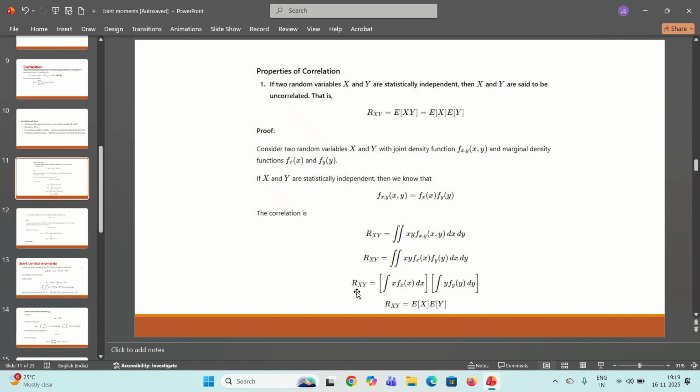Then Rxy equals the integral from minus infinity to infinity of x fx of x dx times the integral from minus infinity to infinity of y fy of y dy. So Rxy equals expectation of x times expectation of y.